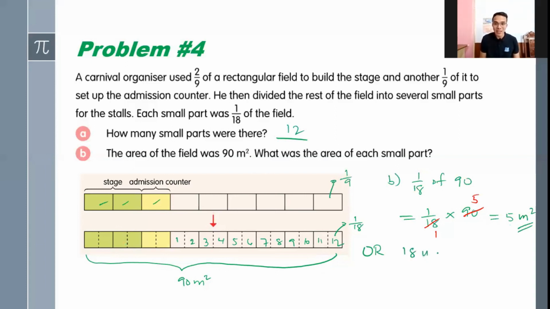U means units, and 18 units is 90. We're looking for the area of 1 unit. So we have to look for 1 unit, and 1 unit is 90 divided by 18, which is the same as 5 m squared. Okay, so it's up to you. You can use method 1 or method 2 using units.